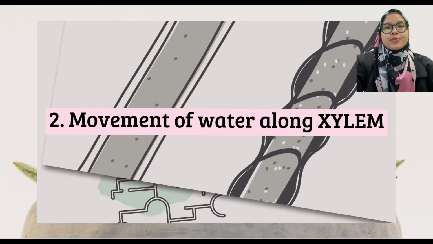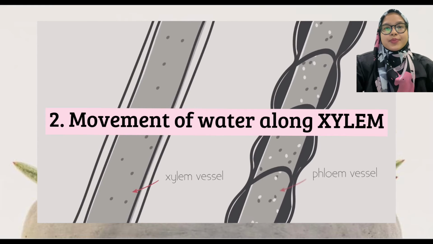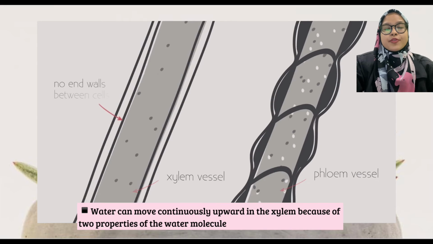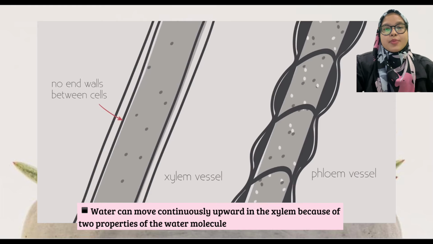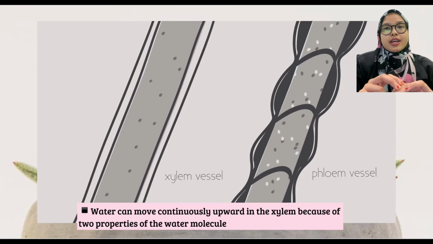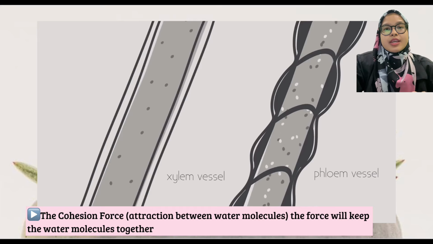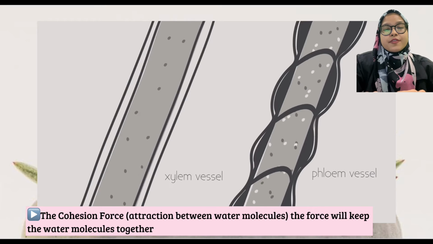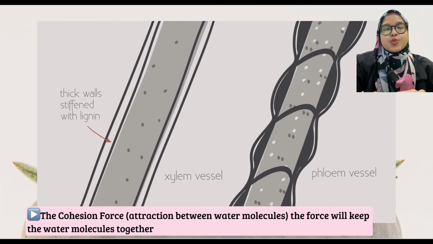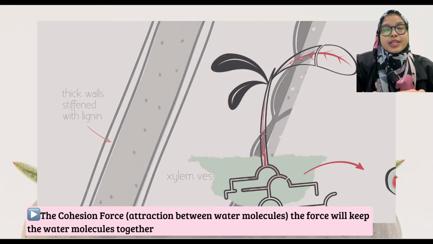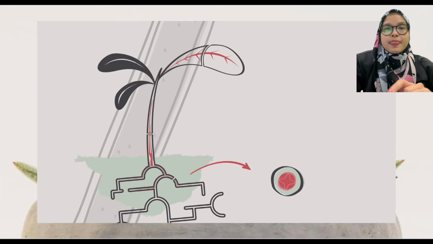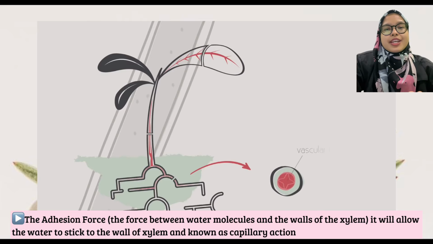The next one is the movement of water along the xylem. Water can move continuously upward in the xylem because of two properties of the water molecule. The first one is the cohesion force, which is an attraction between water molecules. The force will keep the water molecules together. The second one is the adhesion force, which is the force between water molecules and the walls of the xylem.